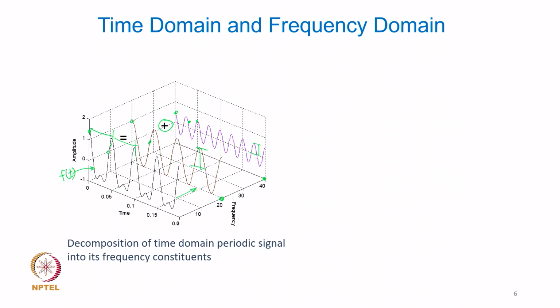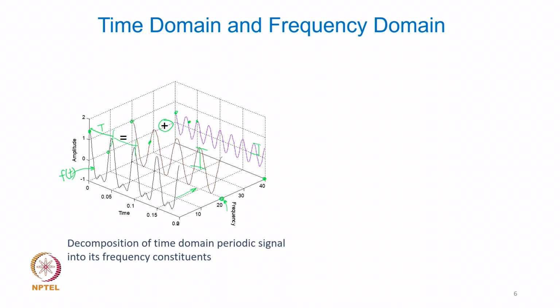And there is of course a requirement that the fundamental frequency would be related to the original time period of the original time function f of t. We will discuss that part, and its constituent frequencies are integer multiples, but I hope you recollect Fourier series decomposition, and that is what we are going to use.